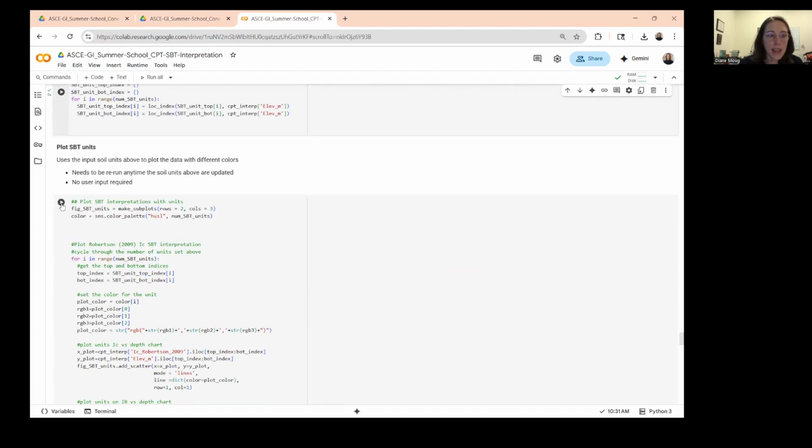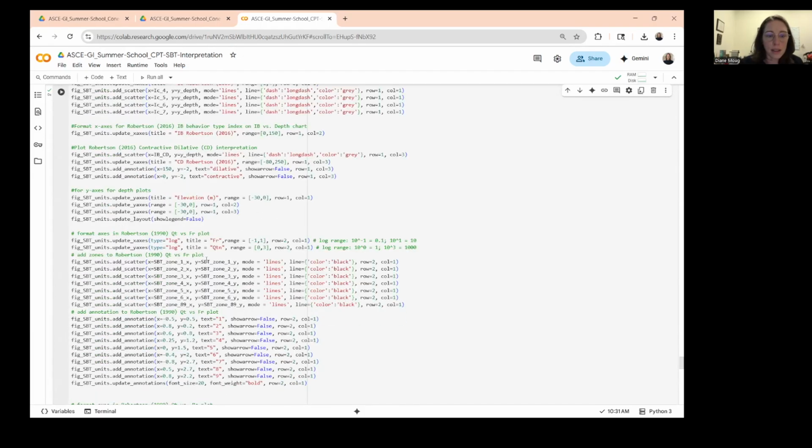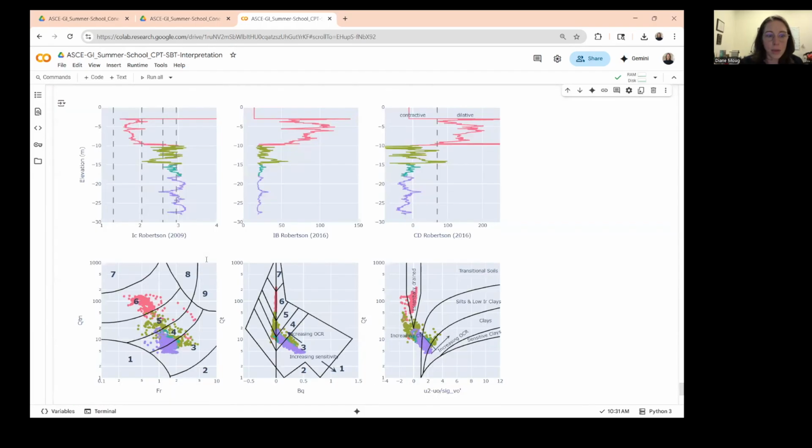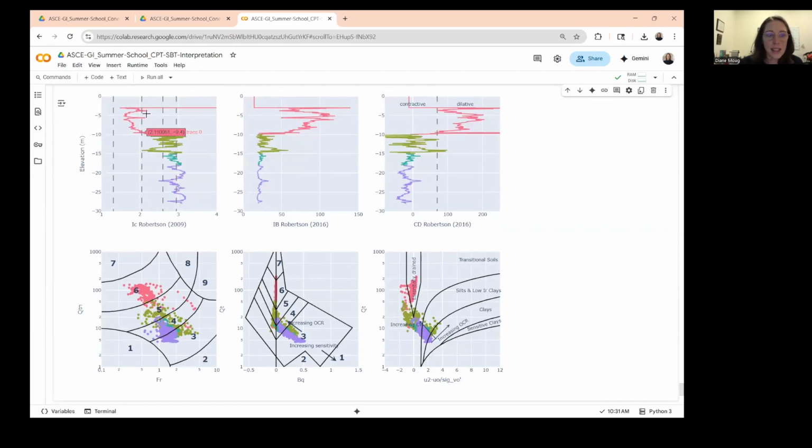Run that kernel, and then this is going to plot out those units separated by color to get a better visual of them. So we can see, with the color that helps us pick them out, the way that I've initially interpreted these soil units in terms of soil behavior type, and see how they're plotting on the soil behavior type charts and if there's agreement between the different zones or not.